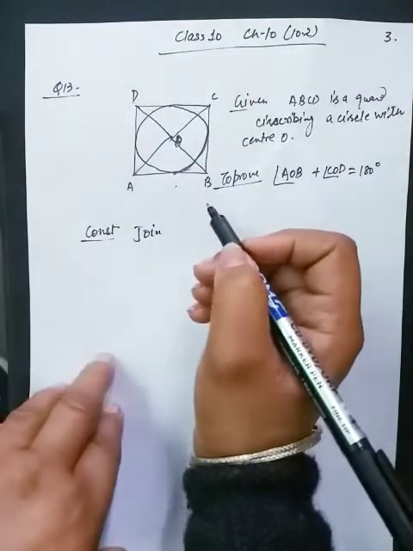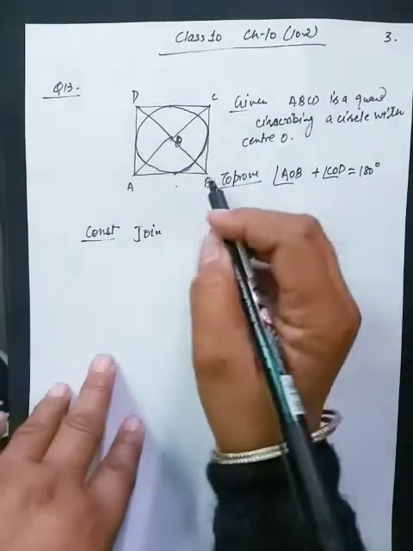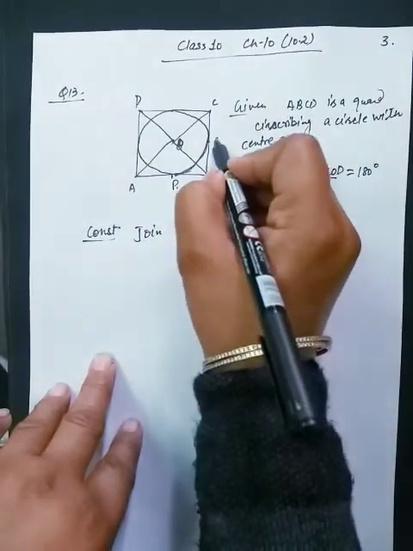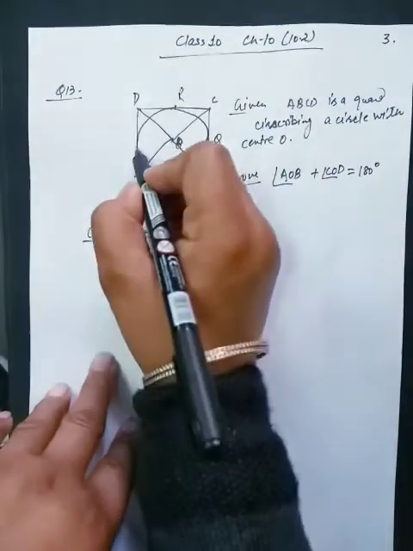Join. In figure, point P, Q, R and S are the points of contact.